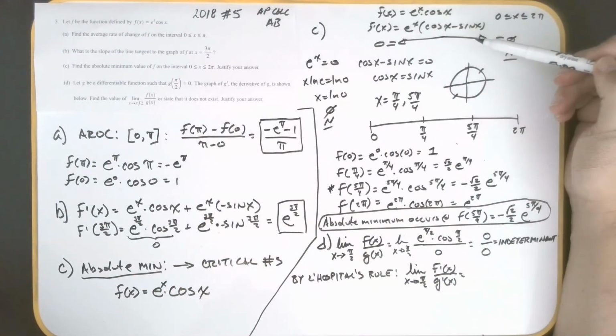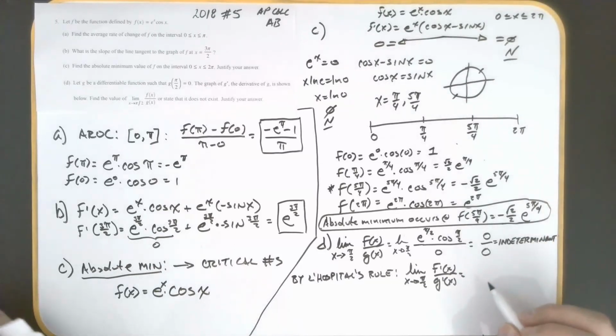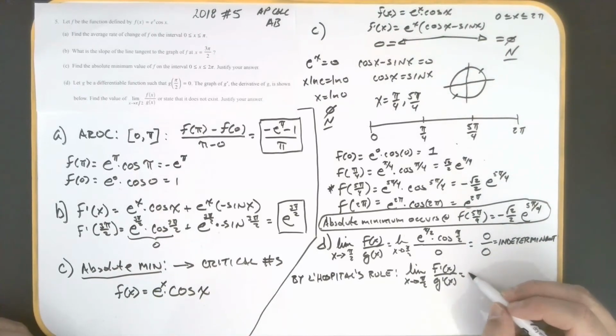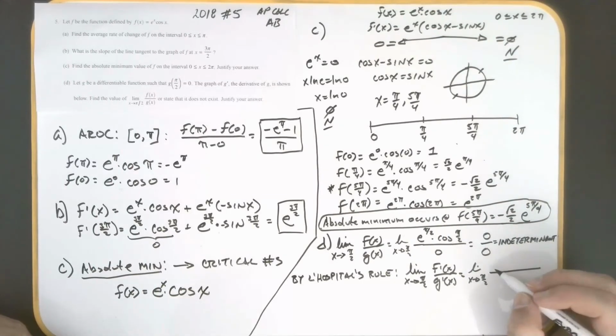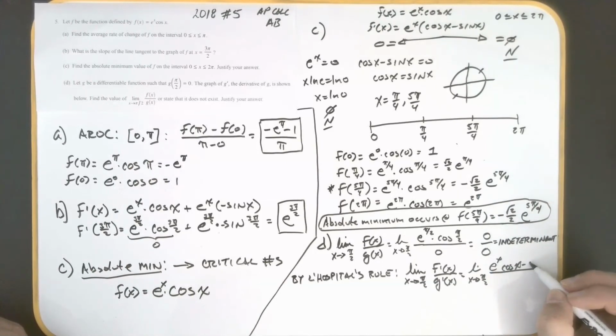E to the x times cosine of x minus sine of x. So I'm going to write that up here. This was the limit as x goes to pi over 2, and my numerator was e to the x times the cosine of x minus the sine of x.